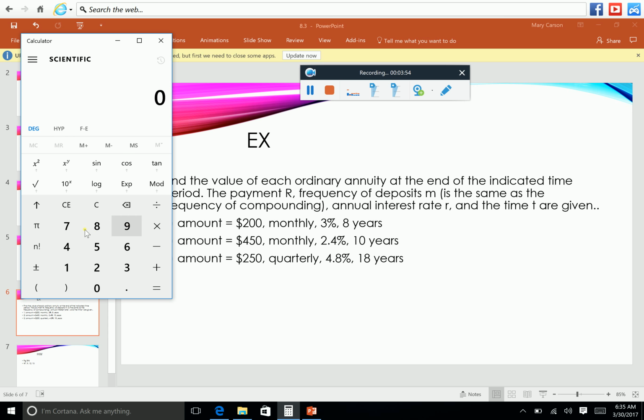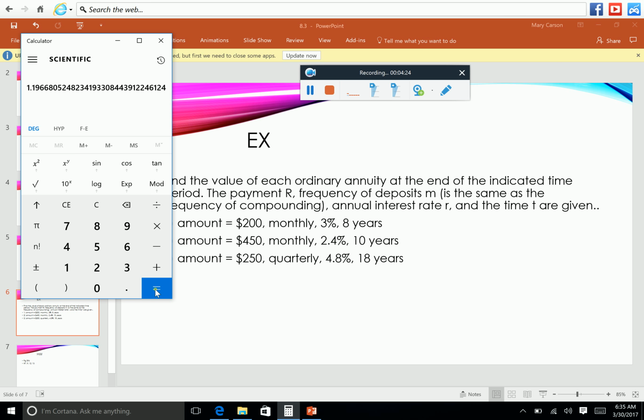All right, so if I was to do this, I would do your 0.06 divided by 12 first. Okay, get 0.005. Then you're going to add the 1 to it. Okay, you get 1.005. Then you want to do it to the power, which was 3 times 12, which is 36. So you guys see this little X to the Y button, and we're going to do the 36 power.